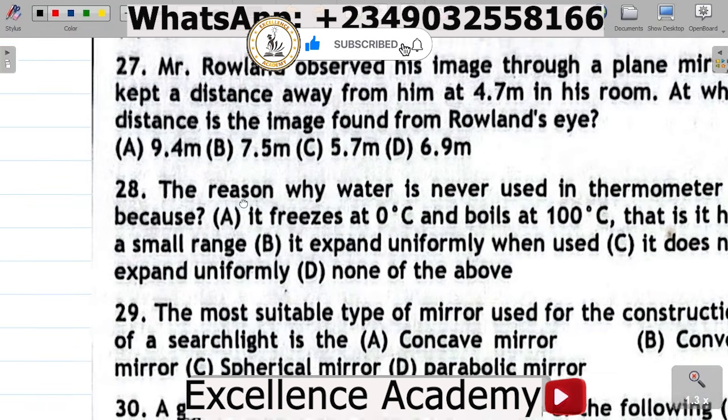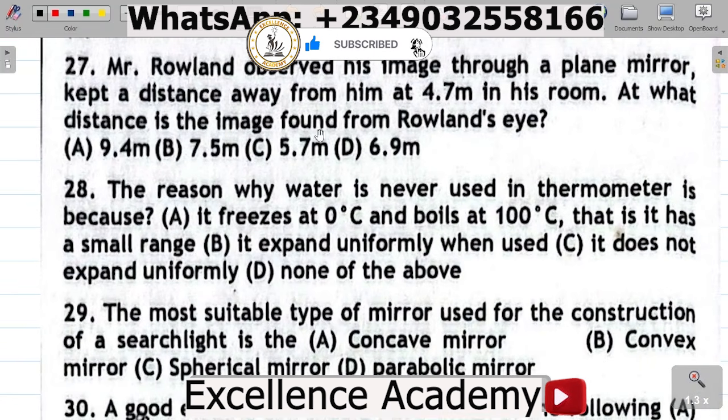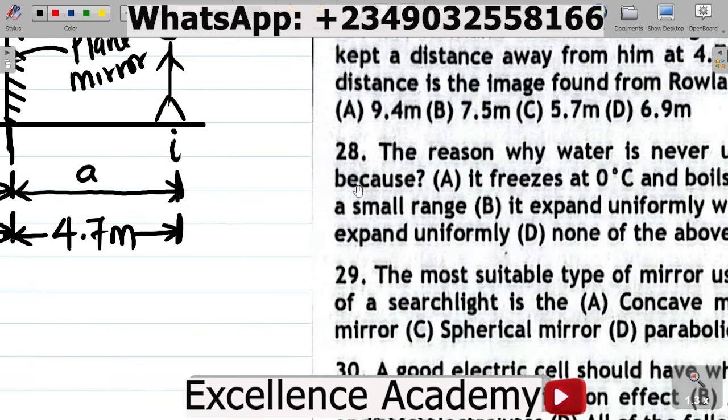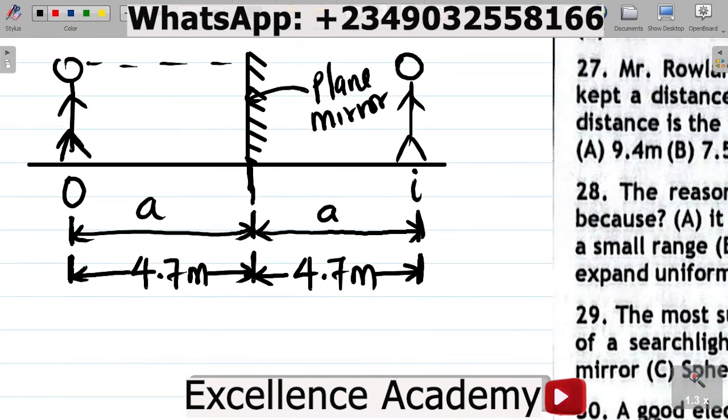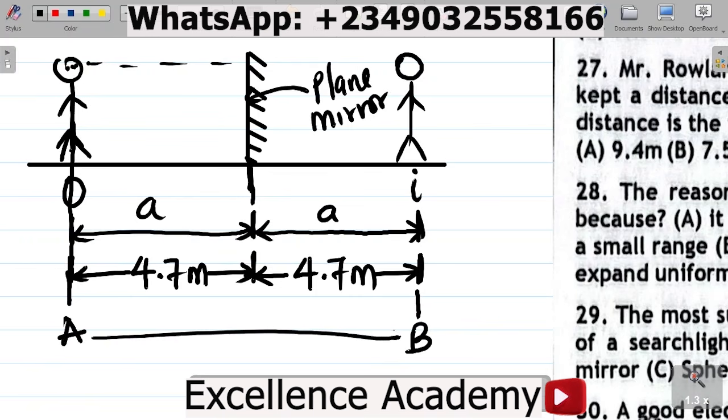Now, with this being established, what's the question? They said, at what distance is the image found from Mr. Roland's eye? Of course, his eye would be somewhere around here, which is the same thing as his position. That's this point. Let's call this A. They're asking you, what is the distance of the image? The image is at this point here. So from A to B, what is the total distance?